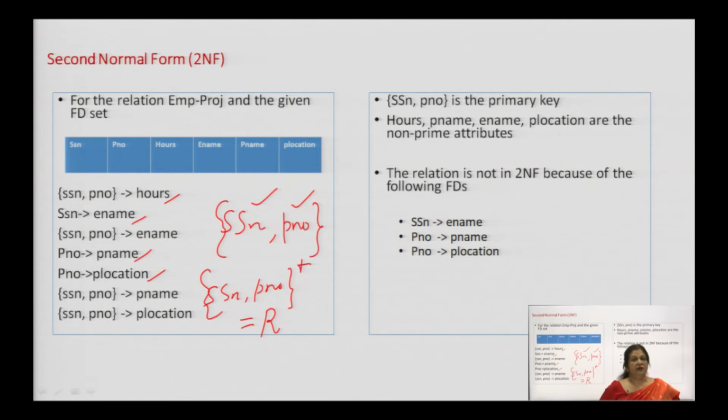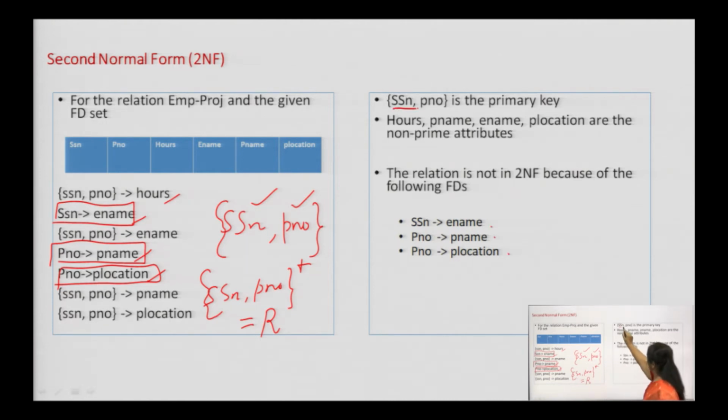The relation is not in the second normal form. Why? Because of the functional dependencies SSN to ename, PNO to pname, and PNO to plocation. Non-prime attributes are ename, pname and plocation. Key is SSN PNO. So, that means here the non-prime attribute is functionally dependent on only a part of the key.